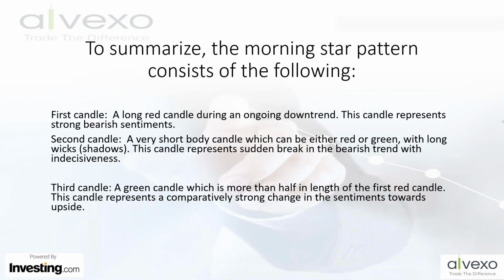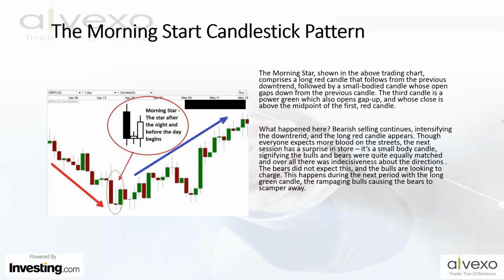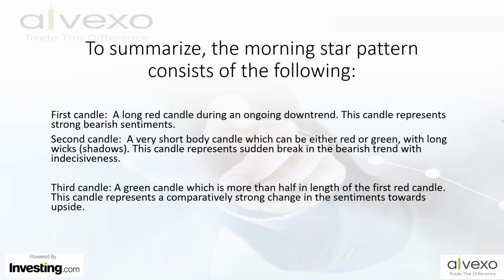So to summarize, in a morning star, the first candle, during an ongoing downtrend, is a long red candle. This candle represents strong bearish sentiment. So we're in a downtrend, the bears are in control. Then we get a second candle, which is a very short body candle that can be either red or green with long wicks. That's telling us we moved into a period of indecisiveness.